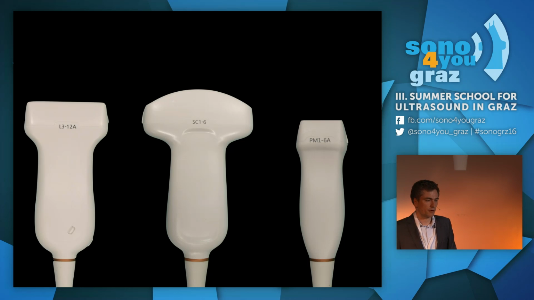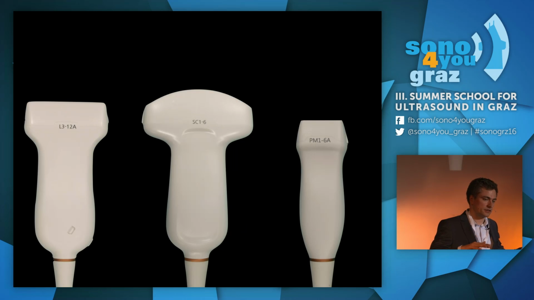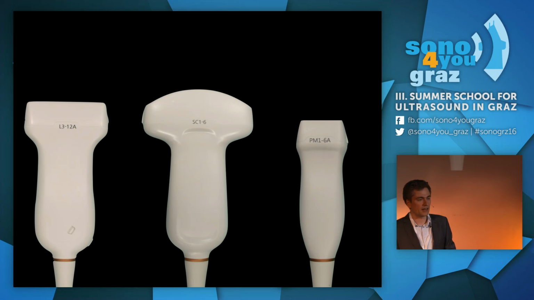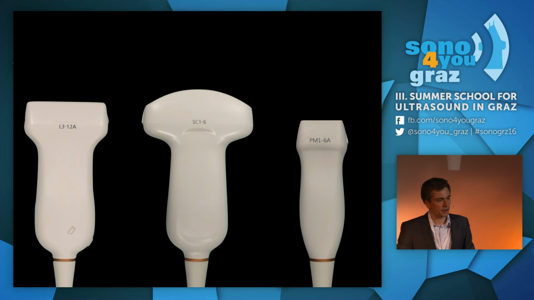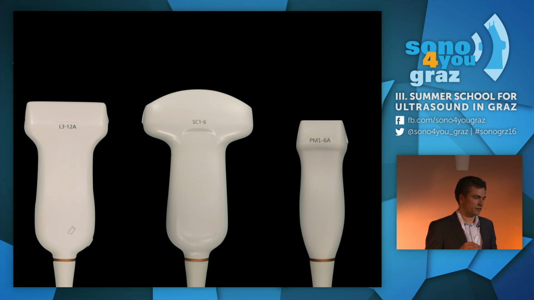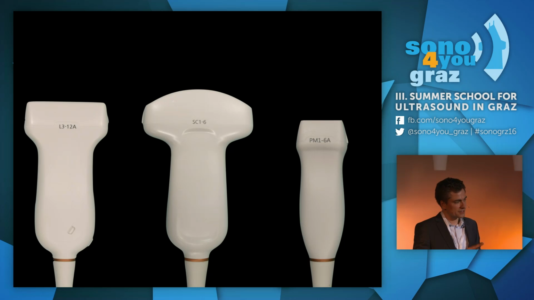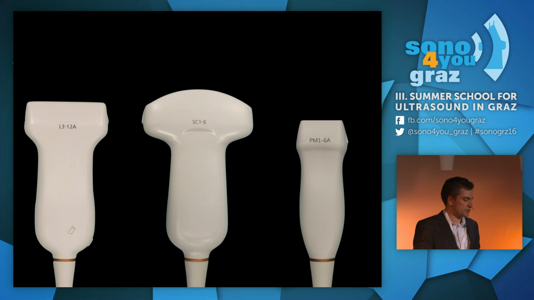Then we have the second one, the abdominal probe, with crystals with deeper frequencies to go deep into the body, also on a curved linear line, to spread the beam in the depths to see the whole abdomen. And then we have the cardiac probe, also penetrating deep, because you want to go really deep. So low frequency, but with this little trick that we actually wipe around with our beam.